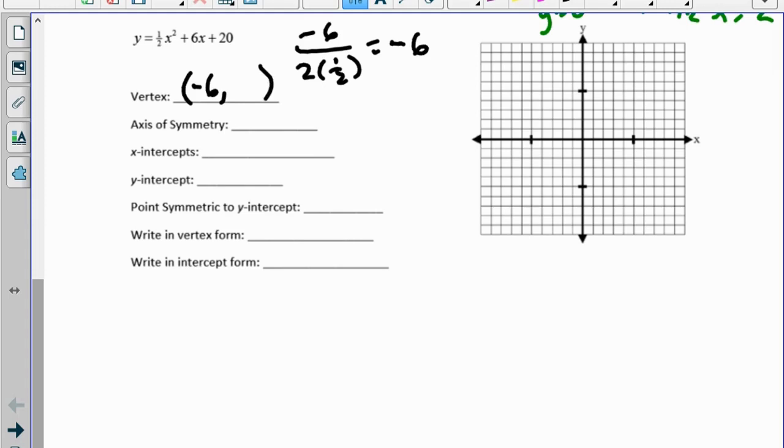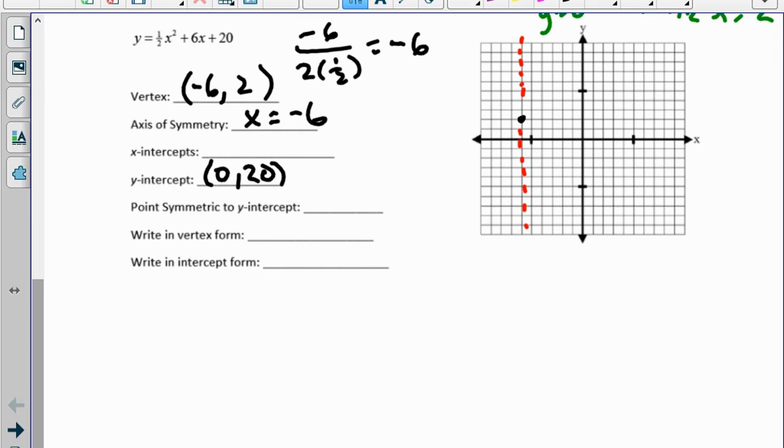The y value of the vertex is 2. So -6, 2. The axis of symmetry is going to be at x equals -6. My y-intercept is going to be at 20.